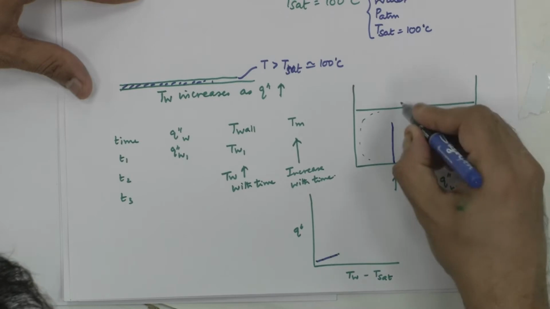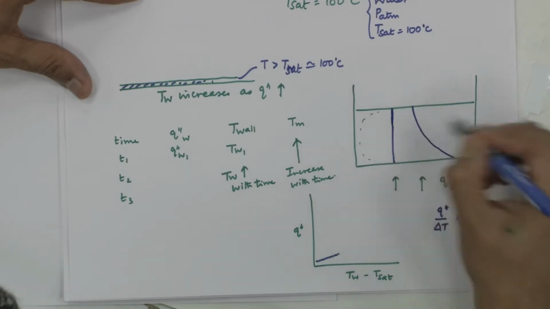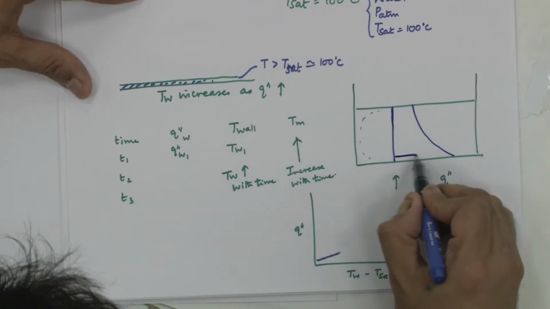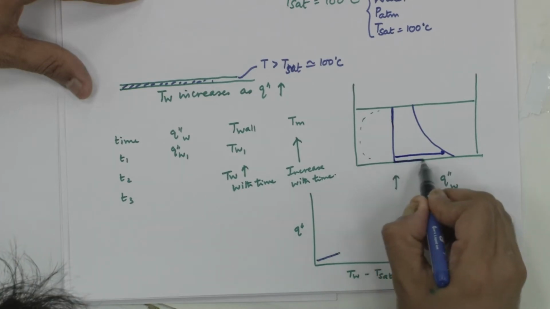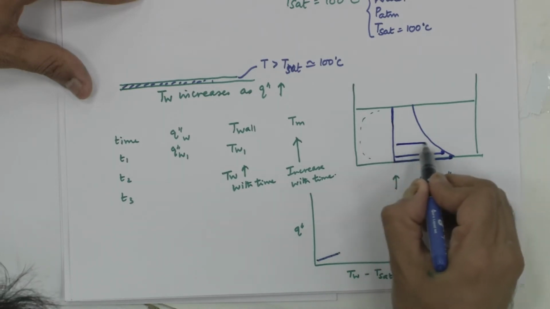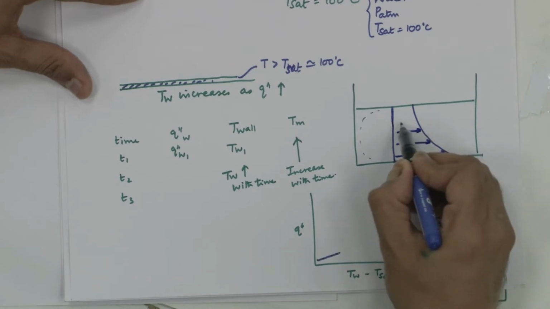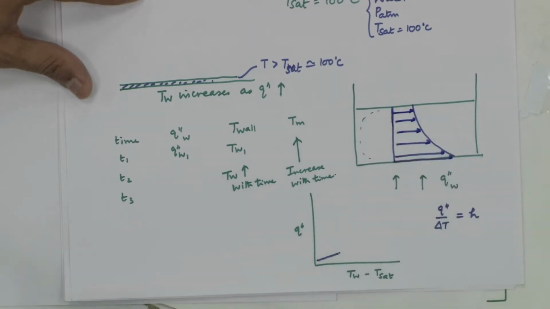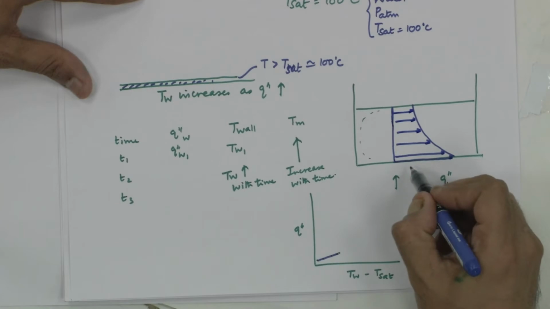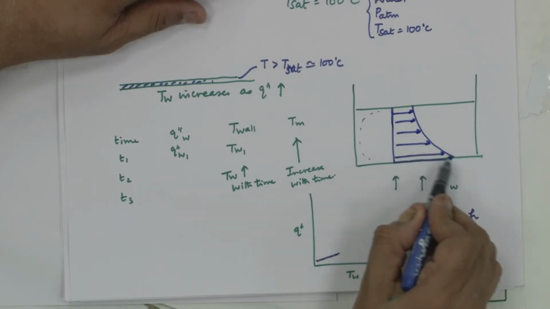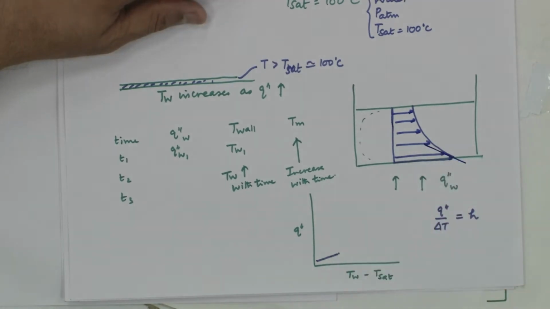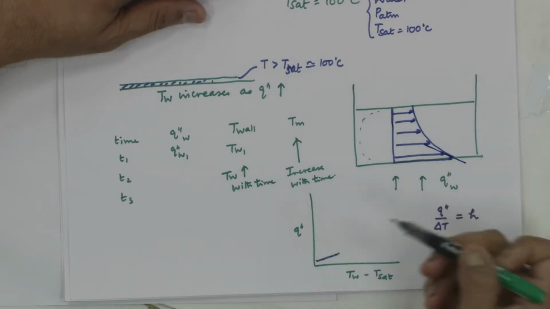So, if this is the wall and I were to plot a temperature variation, always the wall is going to be the highest temperature, and the temperature is going to progressively decrease as I move in the fluid, right. So, the gradient is nothing but dT by dy at this wall. This is at a given time t.